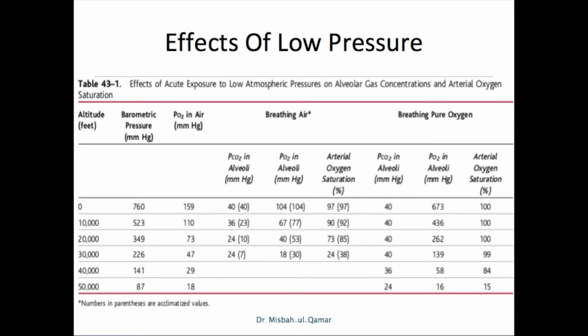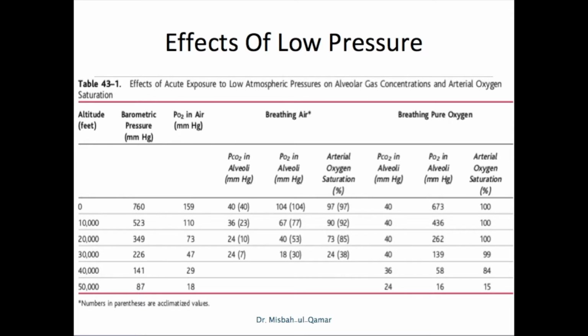Now you can see that an acute exposure to a decrease in barometric pressure is the basic cause of high altitude hypoxia. And this chart is showing barometric pressure at different altitudes.